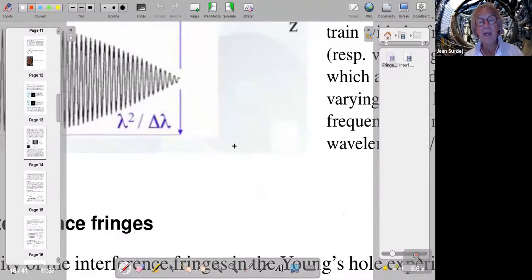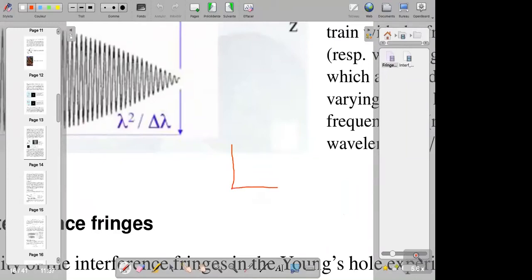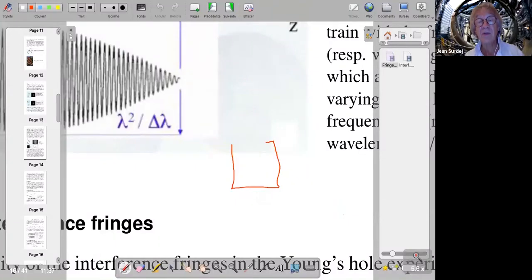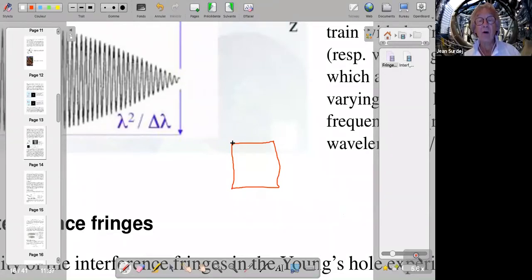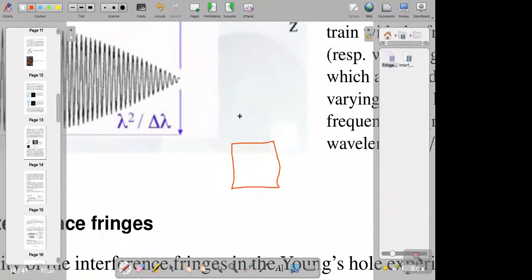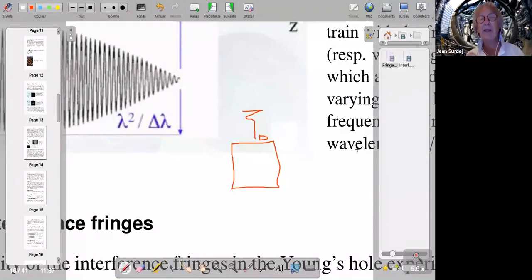So let's assume that you take a star which can be represented as a square. Yeah, a strange square, I agree. Okay, like that. And the side of the square has an angular size of zeta 0. So this is the angular measure of the side of the square.